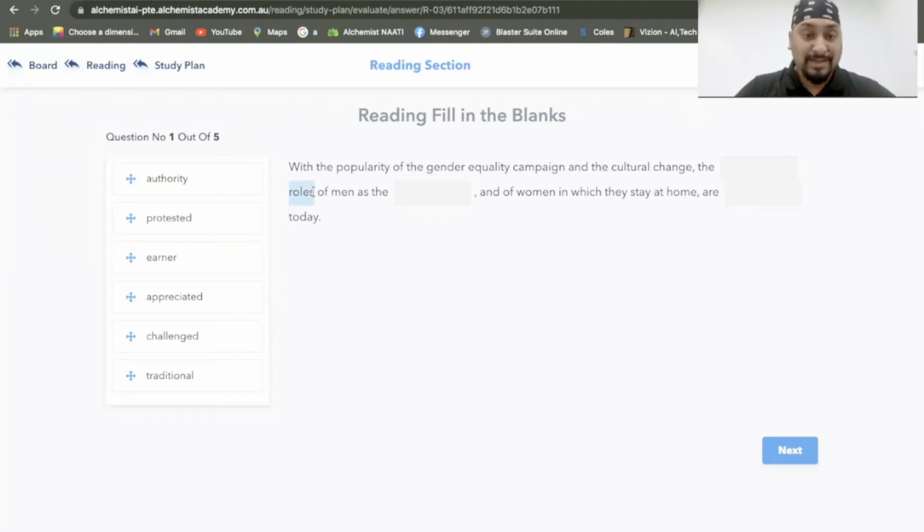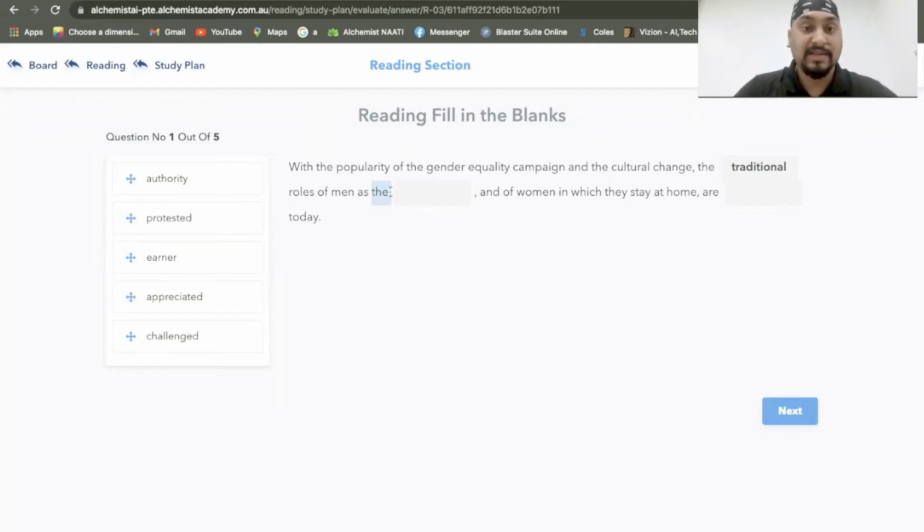So in this case, what describes the word roles? You need to think like that. If roles is a noun, then what describes the word roles? In this case, we need to find an adjective. So the adjective over here is only, let's say, traditional. So I'll just put the traditional roles of men as the dash and of women.